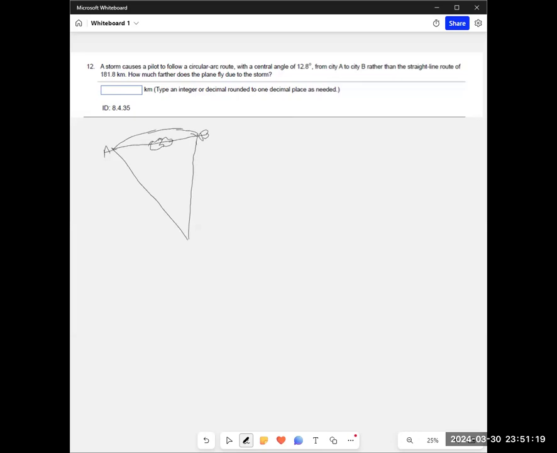The straight line path here would have been 181.8 kilometers. We're going to try and find this. This is R and this is R, and we're told that this angle here is 12.8 degrees. Because this is an isosceles triangle, we can split this in half and make two right triangles.